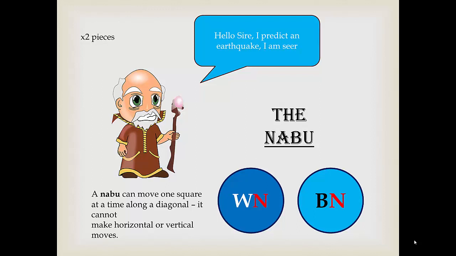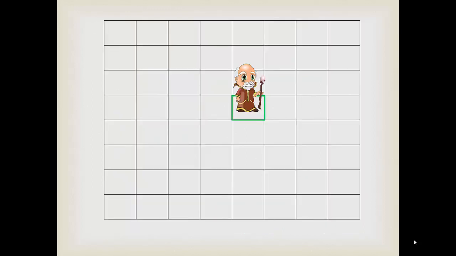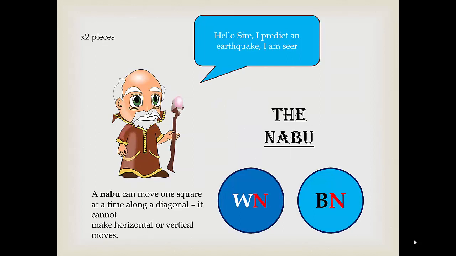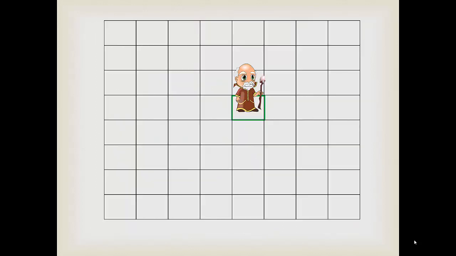Its only power is to move diagonally by one square. So that's WN, by the way. N is the coded letter for the Naboo. Here, you can see it's moving one square, but diagonally, and it cannot move horizontally or vertically.